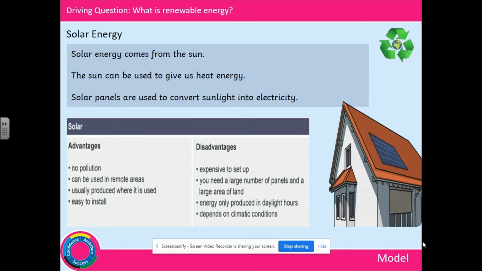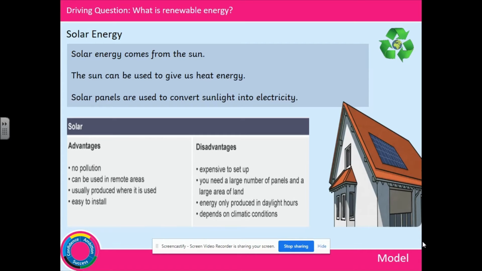Now, there are advantages and disadvantages in using solar energy. The advantages are no pollution, can be used in remote areas, usually produced where it is used, and it is very easy to install. Some of the disadvantages are expensive to set up.